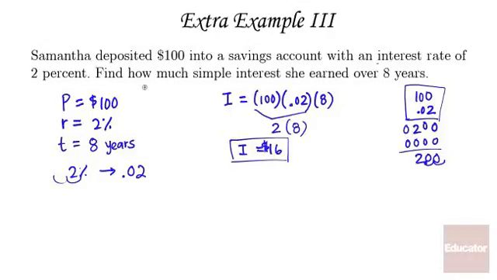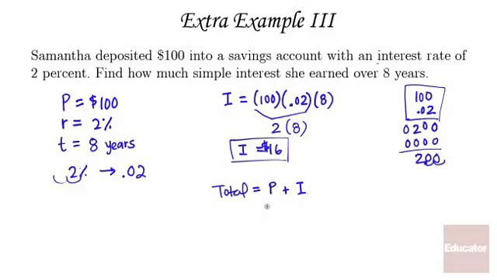Now let's say we want to find out how much she has overall. She left the money in the bank, right? So the bank has her $100. The bank also paid her $16. So how much is she going to have in all? She's going to have that 100 of her money that she put in the bank, and that $16 that the bank paid her. So to find the total amount that she has, you can just do principal, how much she deposited, plus the amount that she earned, right?